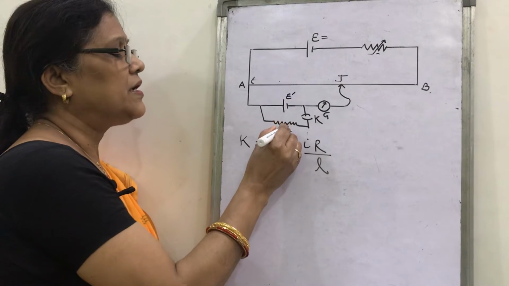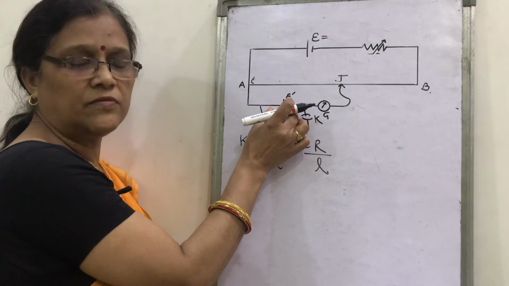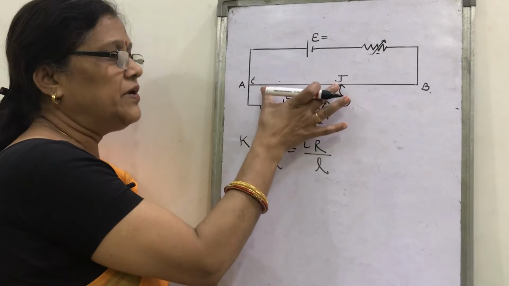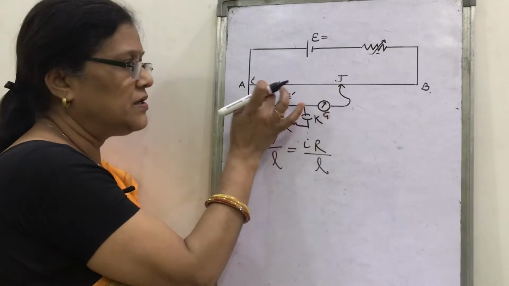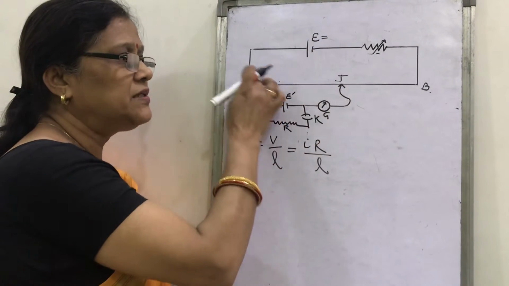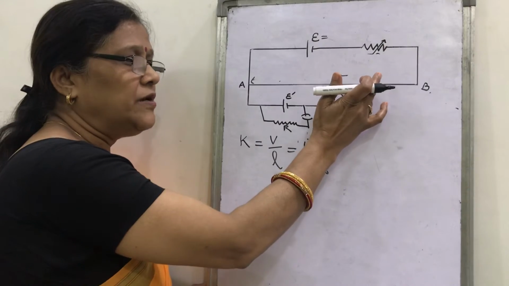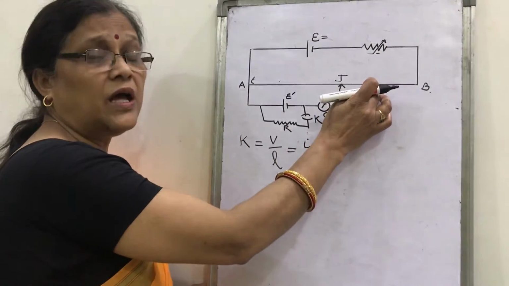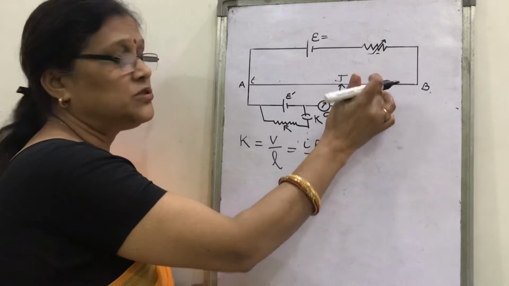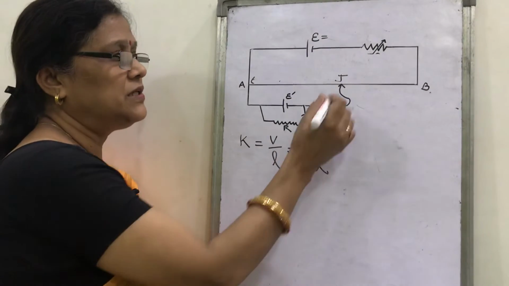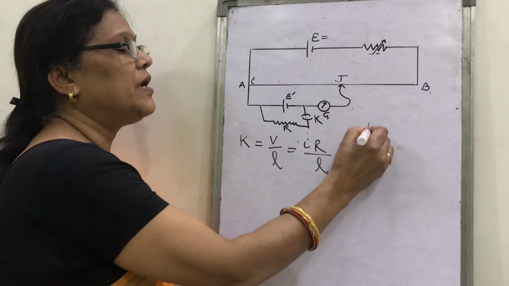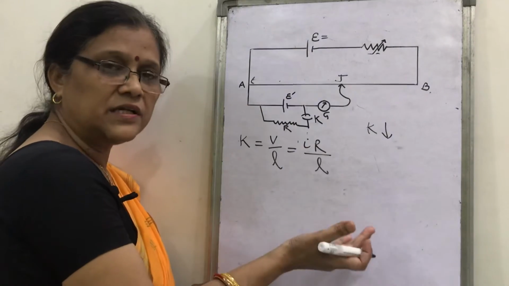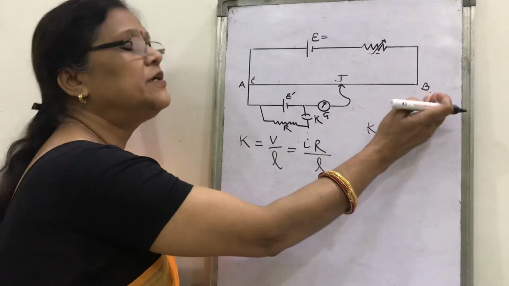So if E dash is some few volts and it is constant, earlier it was balanced at the point J. Decreasing the current, the J will shift towards the B, because now a longer length will have the same potential difference. So on decreasing the current, K will also decrease. If K decreases, then L is to be increased, that is, the null point is to be shifted towards the point B.